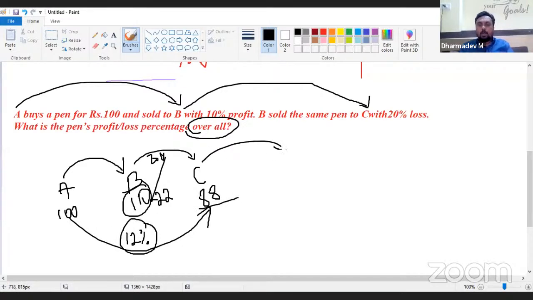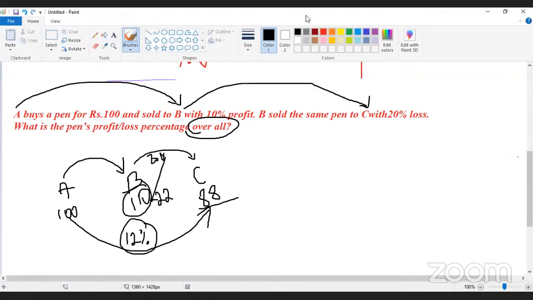It can still go on. It can go to D with 10% profit, and it can keep continuing like that. I'm just giving you three members so that you would be able to do it. If it goes to more members, it's better to go with the direct method.